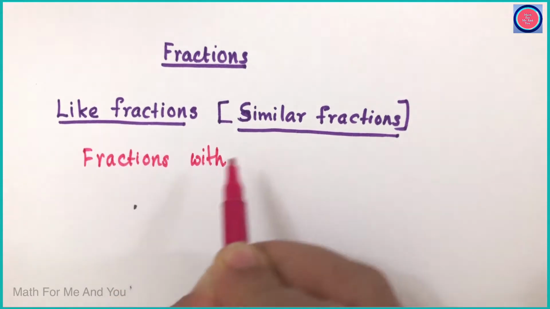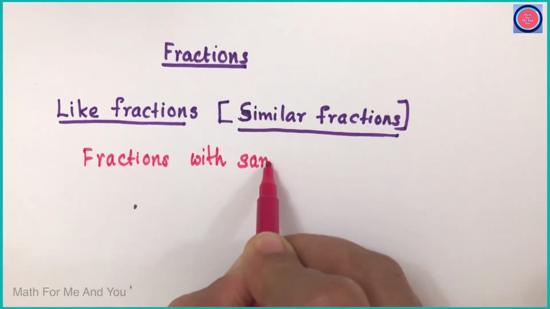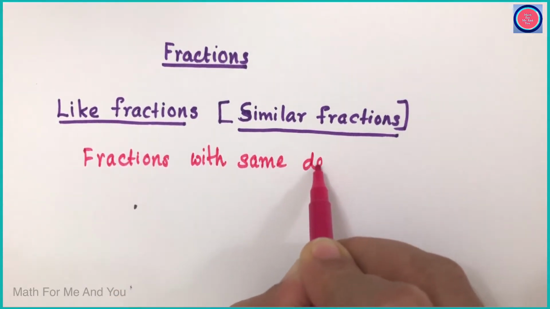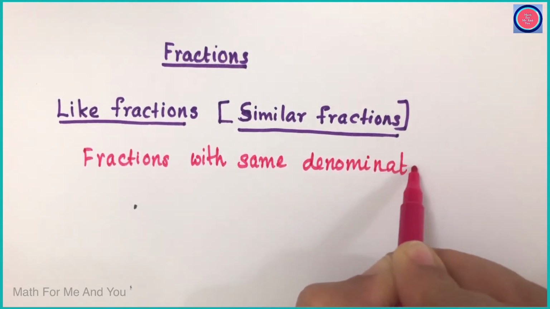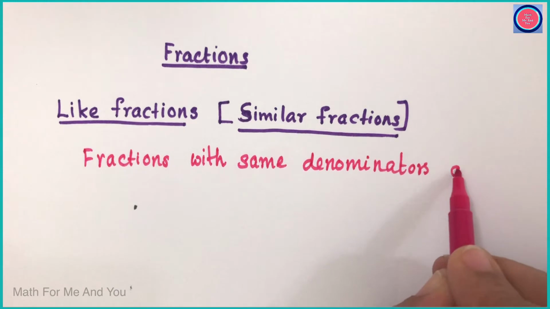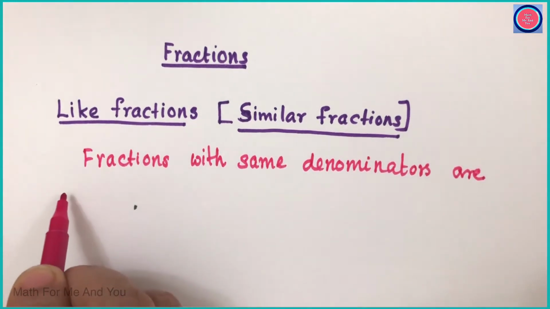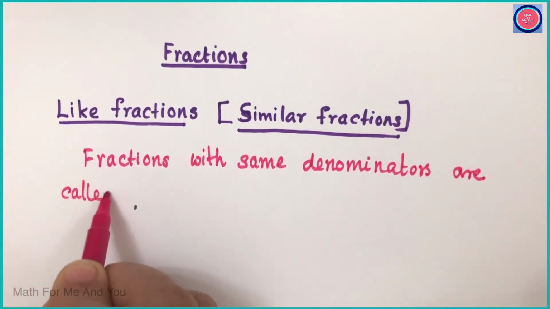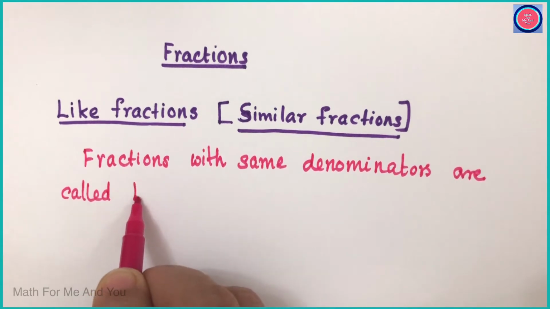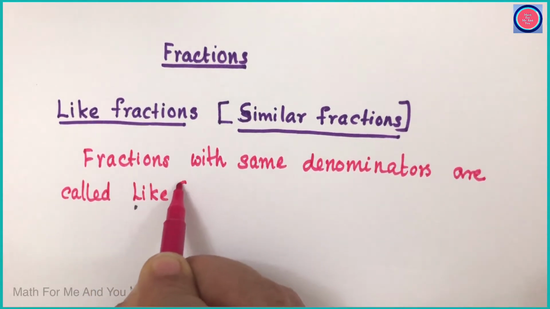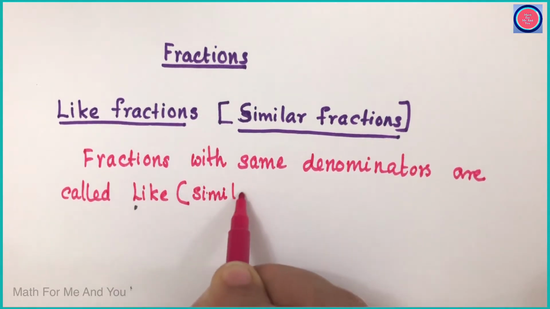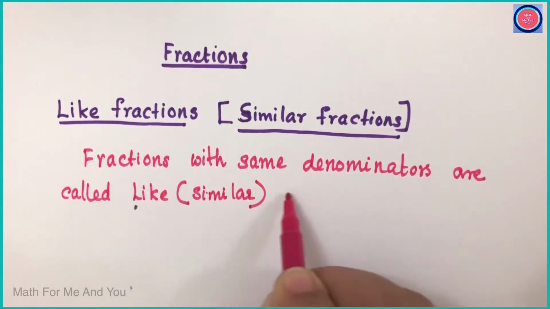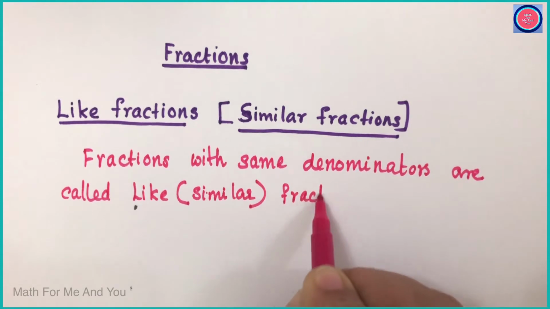A fraction contains numerator and denominator. But if we see fractions with the same denominators, they are called similar fractions or like fractions. What about numerators? Numerators can be any number, that doesn't matter. Only we consider denominator same or not. If denominator same, such fractions are called like fractions.